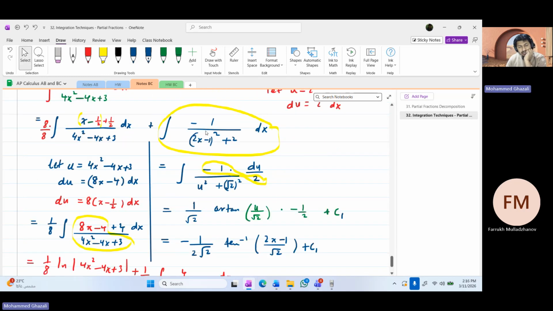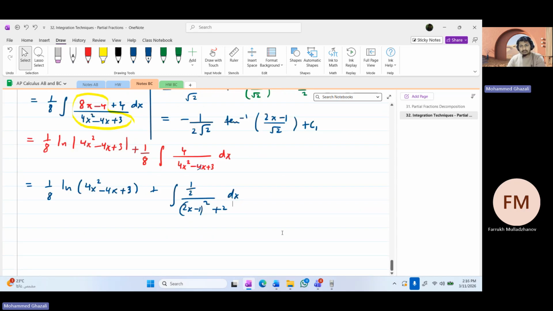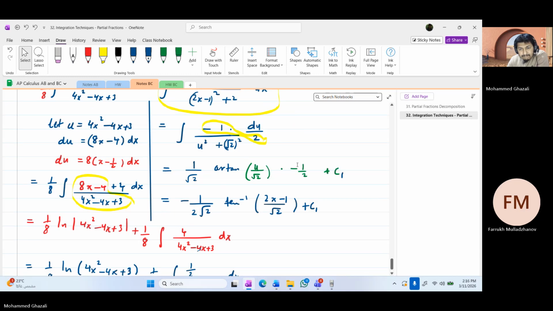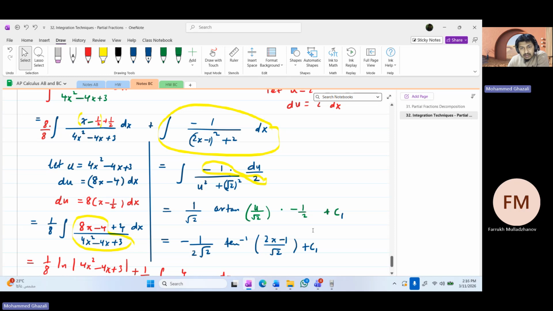So remember before, we had minus 1 and we got a half. We must combine the minus 1 and the 2.